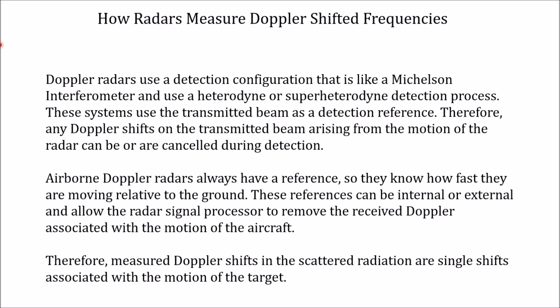In the case of a radar, an airborne radar, it has references with respect to the ground, or possibly it's getting a reference from that ground-based radar, closing the loop, giving it a feedback in terms of what its speed is. So what that does is it allows certain Doppler shifts to be basically eliminated.